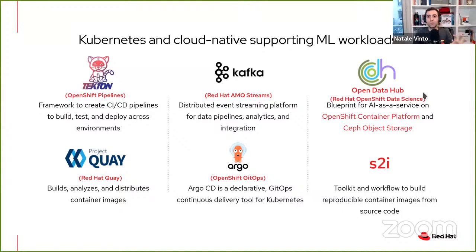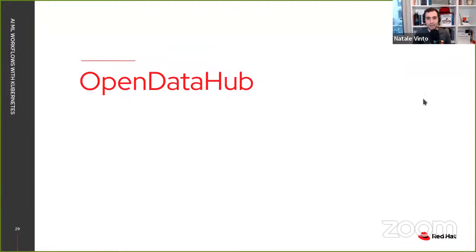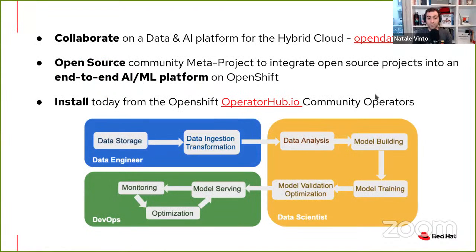And also software like OpenDataHub, which is a collection of machine learning and artificial intelligence software. OpenDataHub is an open source meta project, which is a collector of what we discussed before. We have different personas with different scopes. The idea was to provide an end-to-end AI/ML platform for Kubernetes and OpenShift, which is the Kubernetes enterprise version from Red Hat.